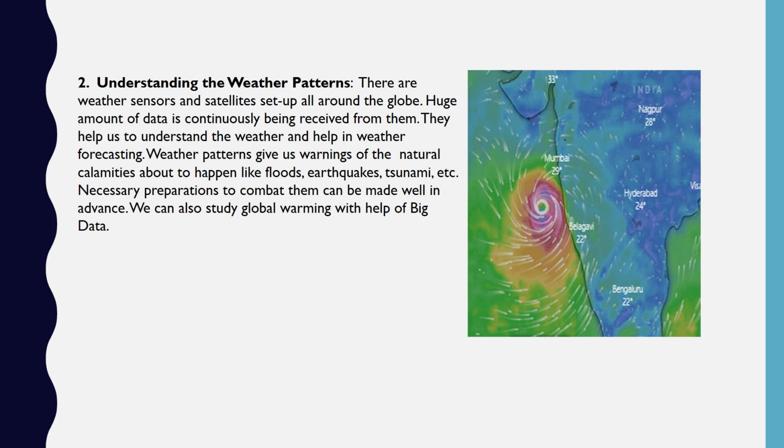Necessary precautions were taken like teams of National Disaster Response Force, that is NDRF, and Indian Coast Guards were deployed. Residents from coastal areas were evacuated. Fishermen from Maharashtra were alerted to return back from the sea. We can also study global warming with the help of big data.